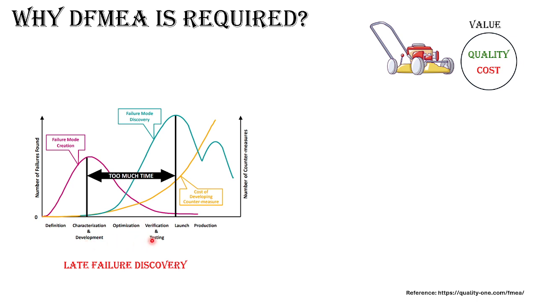You do the prototyping and verification and testing. After all of this, if this is nice, then you go to the product launching stage, where you actually launch the product and you wait for customers' feedback. The customers provide feedback, and based on that you do further modification, and so on.